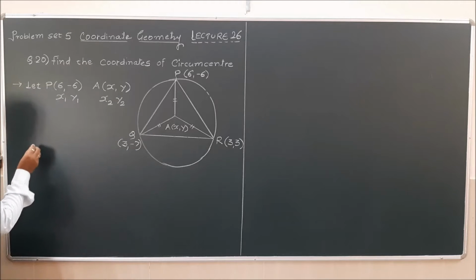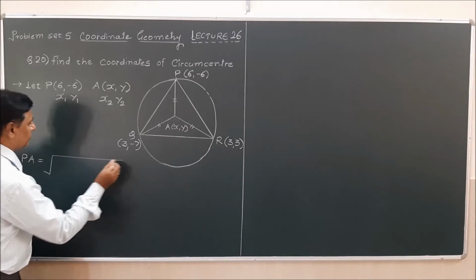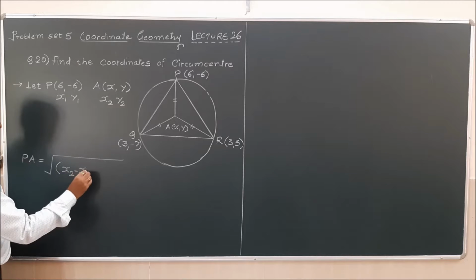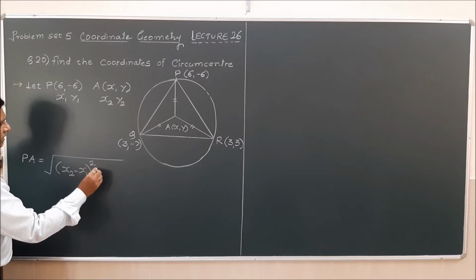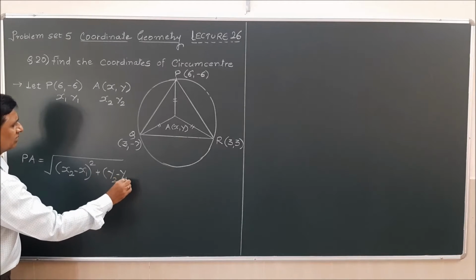So PA is equal to root of (x2 minus x1) the whole square plus (y2 minus y1) the whole square.